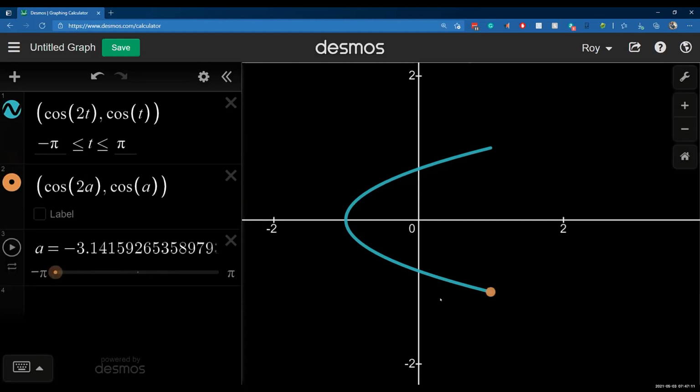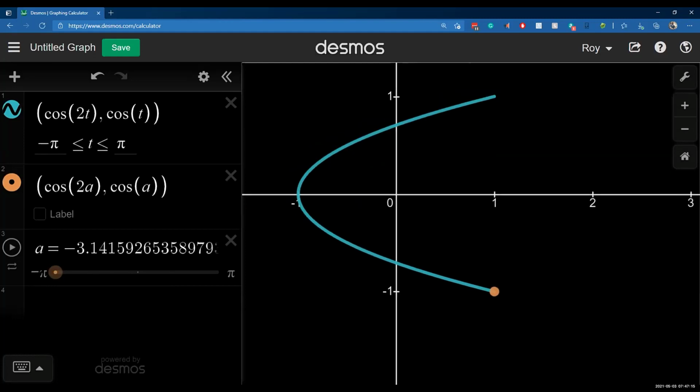All right. So this is time where this dot is right here. That's time negative pi. As it goes from time negative pi to time 0, it's done that. That's the path of travel. From time 0 to time pi, it retraces itself. And this is actually a good example because parametric curves can retrace themselves.